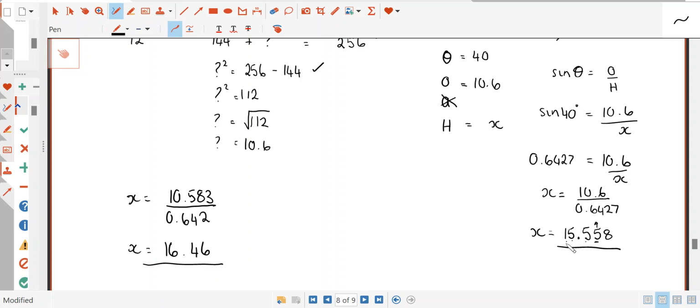Both of those answers I would happily give as correct answers, 100% because the working is shown. They're almost 1 centimetre different, aren't they? But that is entirely down to the rounding process.